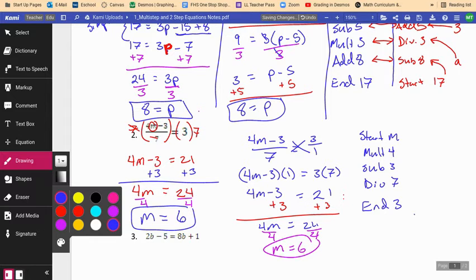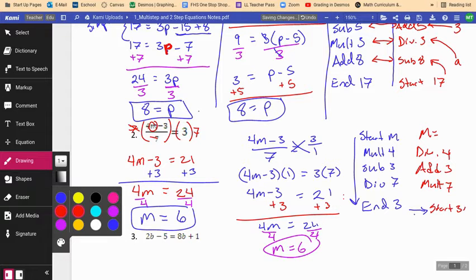So if I want to undo this, right? So I went down like this. If I want to undo it, then now I'm going to start with 3. I'm going to multiply by 7. I'm going to add 3, and I'm going to divide by 4. And then I'm going to know what m was, right?